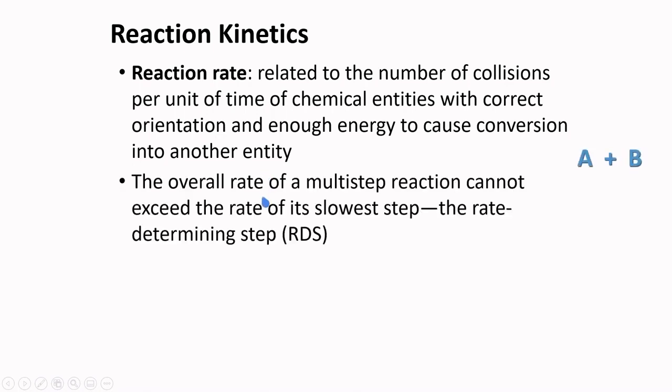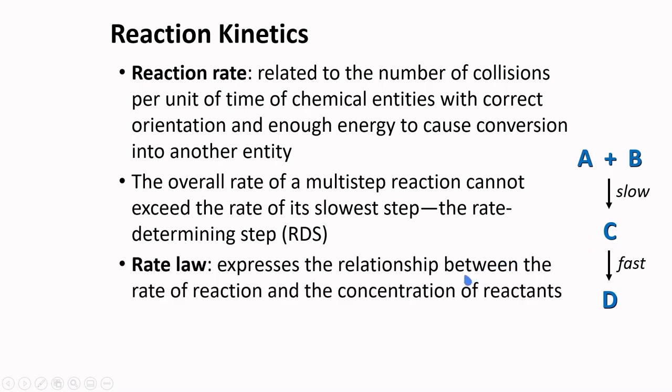The overall rate of a multi-step reaction cannot exceed the rate of its slowest step, called the rate determining step. For example, in the reaction of hypothetical A and B, there may be a slow first step to form C, followed by a fast step to form D. The formation of C determines the rate of the reaction.